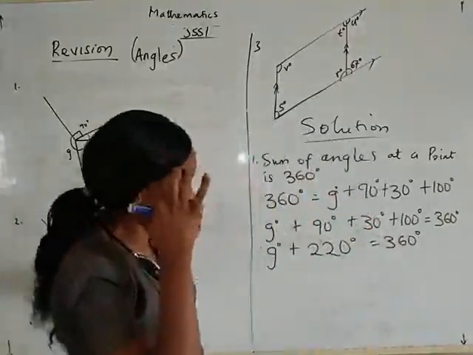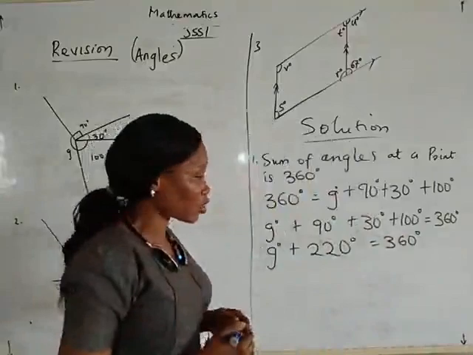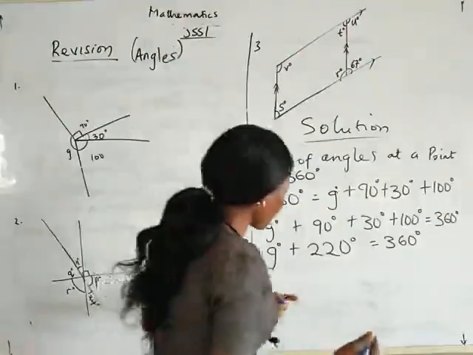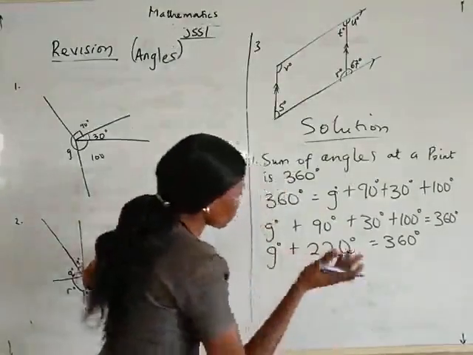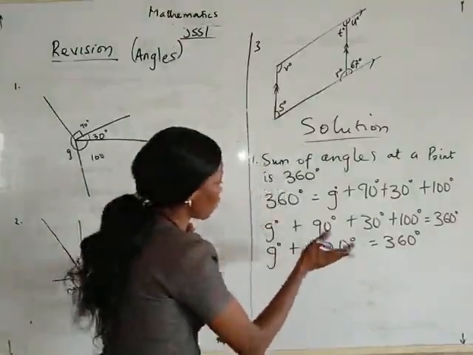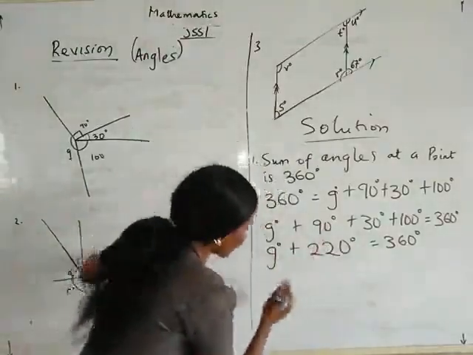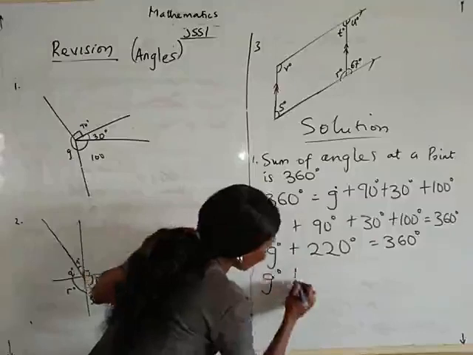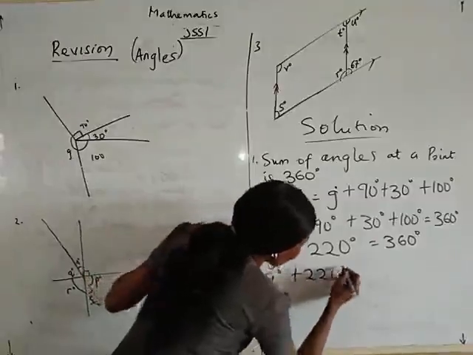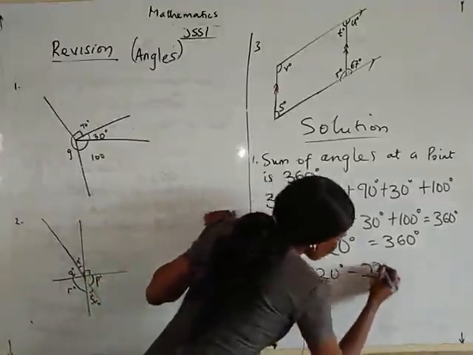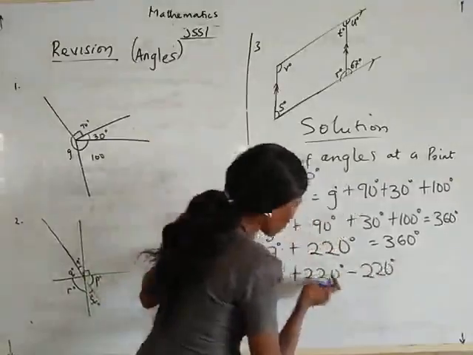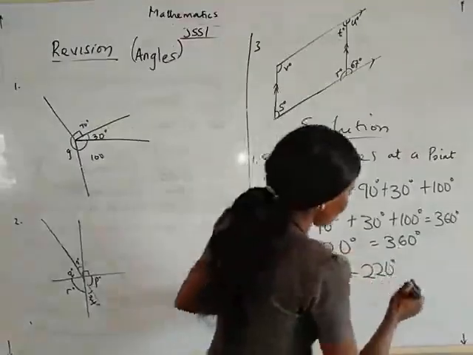My dear students, so what do we do here? How do we get our G? What we do is subtract 220 degrees from both sides. It's just like saying G plus 220 degrees minus 220 degrees. Whatever you do to this side, do it to the other side as well.